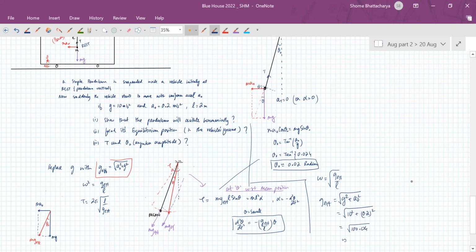So this is the square root of 100.04, very easy to calculate. Binomial approximation you can do.